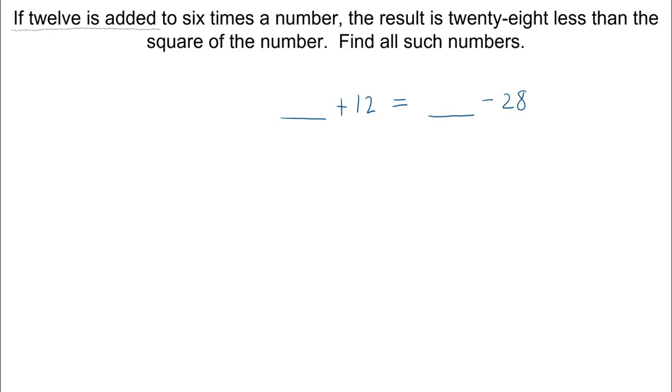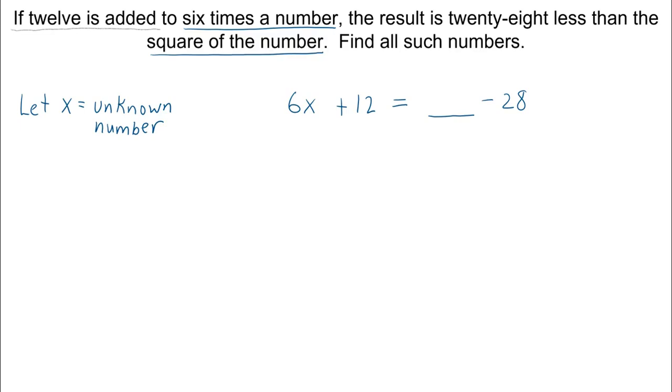The first blank is going to be filled in by 6 times a number, and the second blank is going to be filled in by the square of the number. Well, both of these phrases reference a number, so we're going to let x be our unknown number. If x is our unknown number, and the first blank is 6 times that unknown number, that means that our first blank will be 6 times x, or just 6x.